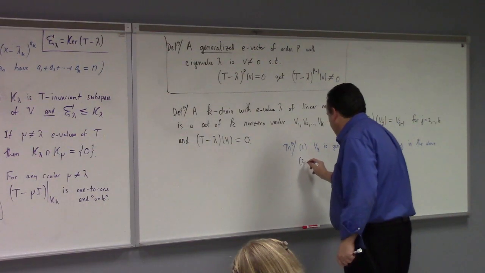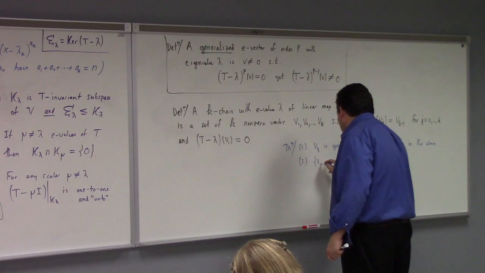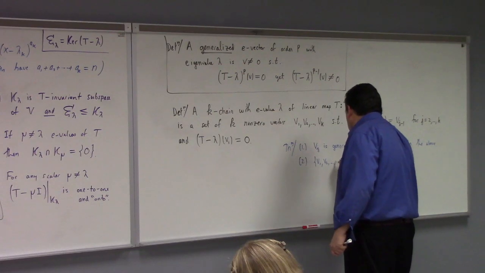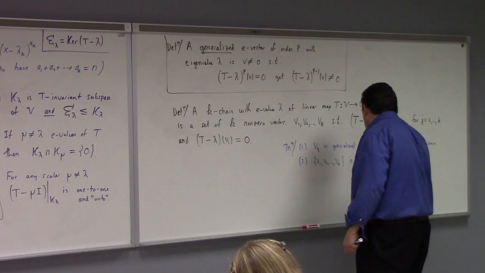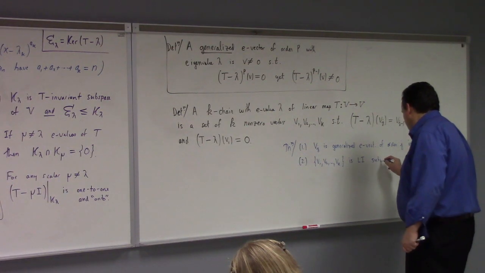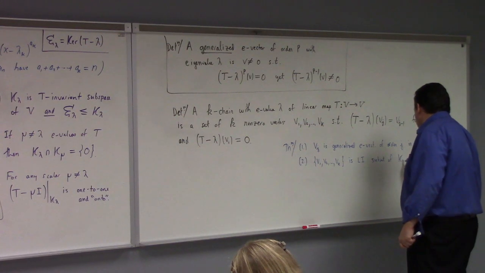Number 2: v1, v2, ..., vk is a linearly independent subset of K lambda.